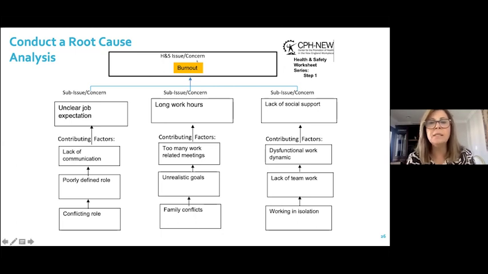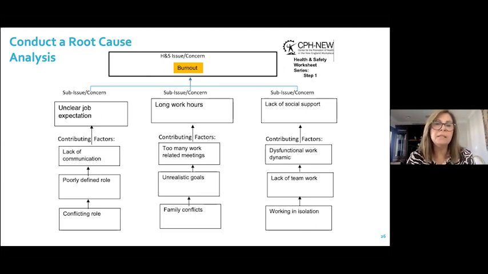So in this organization, the root cause that the design team identified was this issue. Then they went about and identified 3 major sub-issues that contribute to burnout in their organization. They said we have unclear job expectations, we have long working hours, and we have lack of social support. For each of these issues, they identified contributing factors.